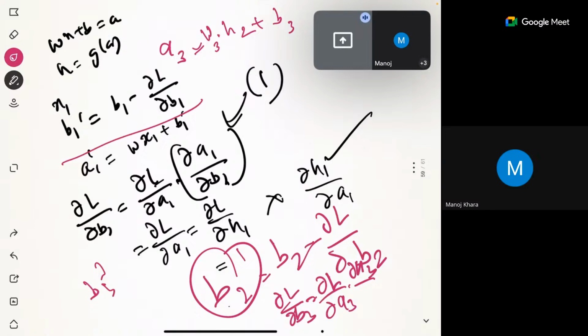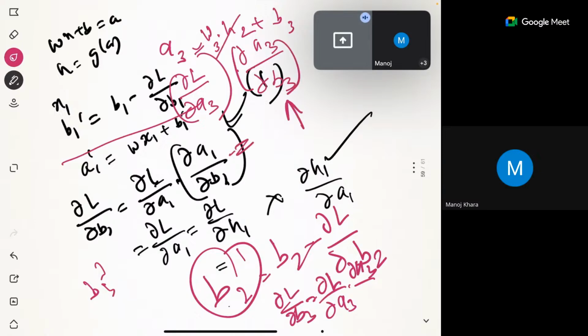If I want del L by del A3 into del A3 by del B3, as you told in the last class, this number is always 1, because del A3 by del B3, this will become 0, this will become 1, so this is 1. So if I have to calculate del L by del B3, I can say del L by del A3 into 1, and this is same as del L by del A3.